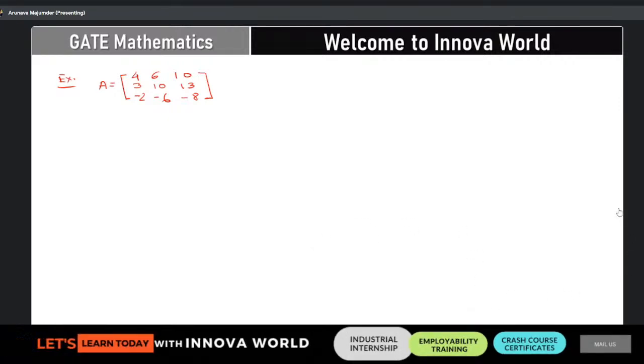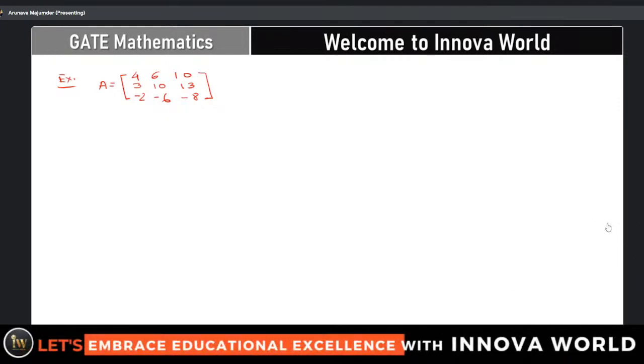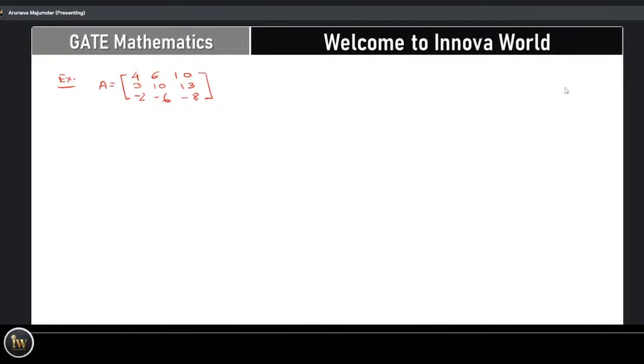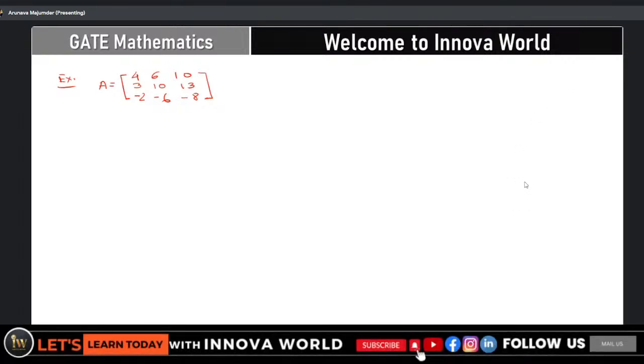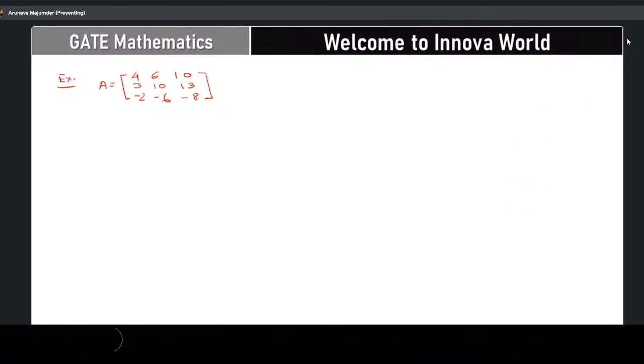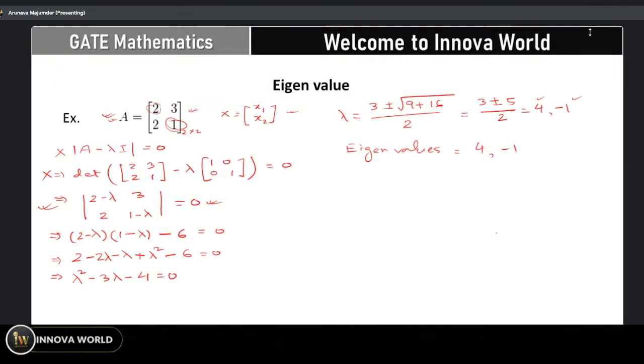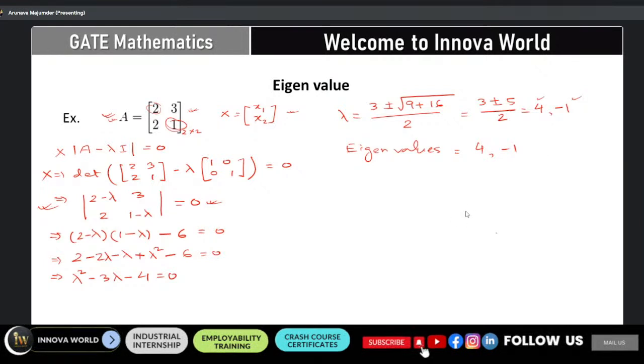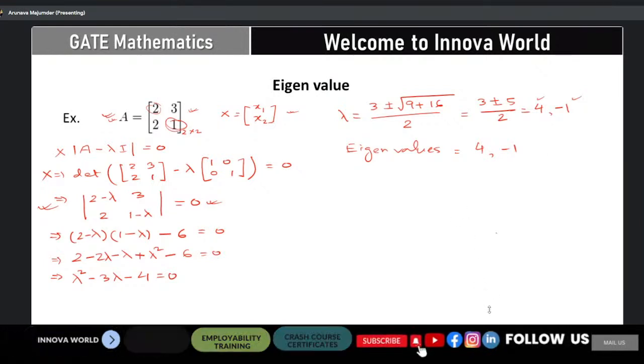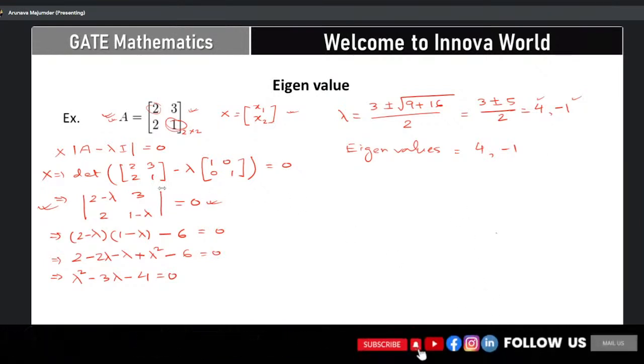Now we need to find the eigenvalues of this matrix first. So how can we find the eigenvalues? Here you can see the previous matrix was a 2 cross 2 matrix. For a 2 cross 2 matrix we got a quadratic equation in lambda.